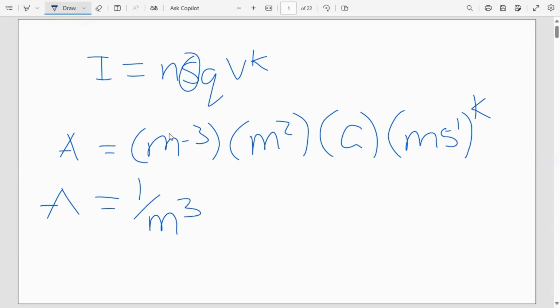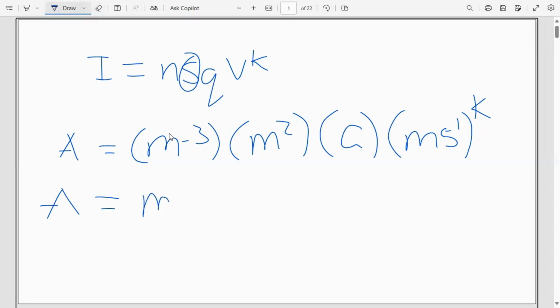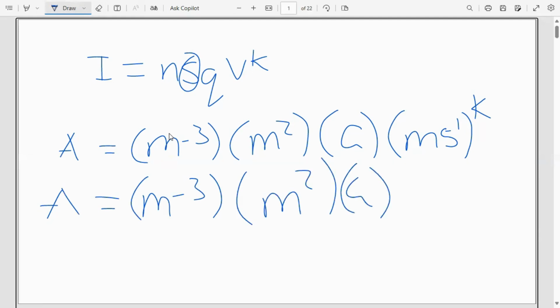Per cubic meter, times m squared, times C. Then for this term, we have m over s, so we distribute the power K to both the numerator and the denominator, and we remain with m to the power K over s to the power K.